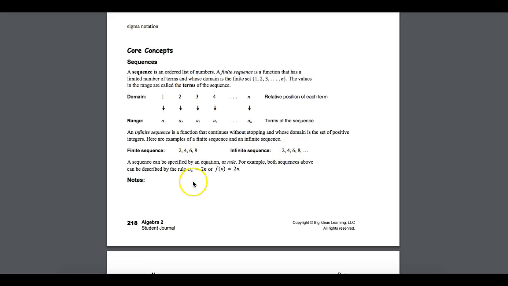So what we do is we use a, then the subscript n, which just means that's our input, that's our variable that is being put in to determine the next value, and it is described by 2 times n. So it's just 2 times 1, 2 times 2, 2 times 3, and so on.